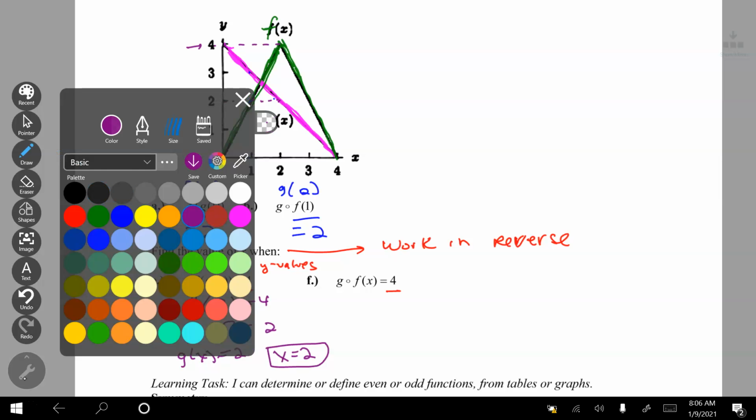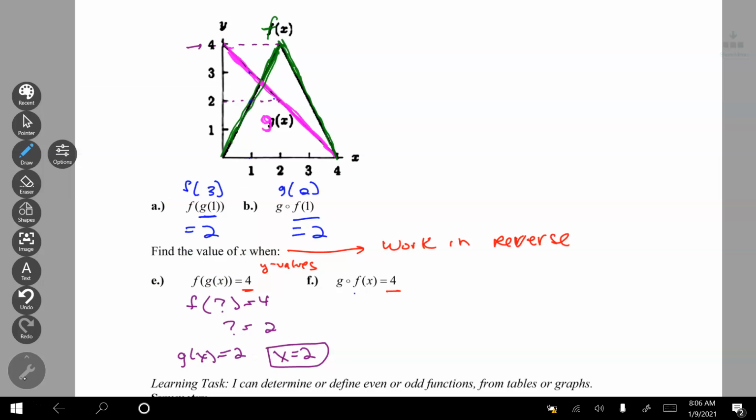Now I'm going to pick. For this one, I'm going to do the same method. I have to do in reverse order, so I have to say g of some input value is equal to a y value of 4. So I go to y equals 4.